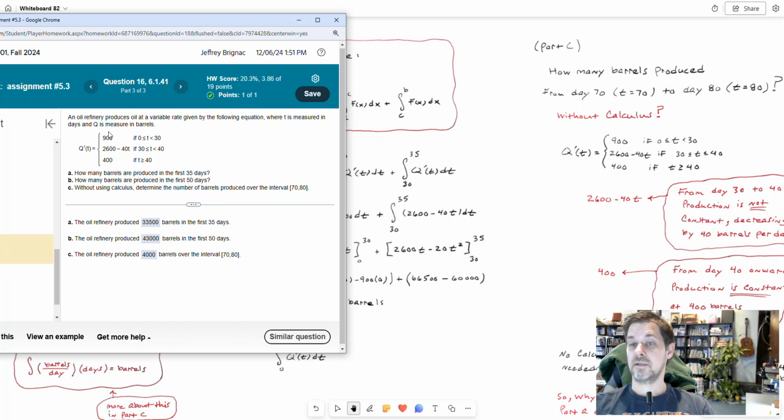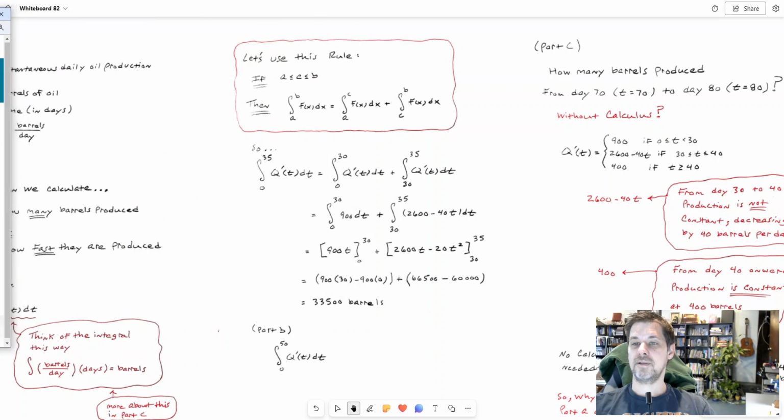So it's not just one formula, and for that reason I don't think it's as straightforward to use the fundamental theorem of calculus to evaluate this definite integral. But there's a rule for definite integrals that says if I have an integral from a to b and c is somewhere in between a and b, then I can split it up into pieces. I can go from a to c and then c to b, solve those individually, and add them together.